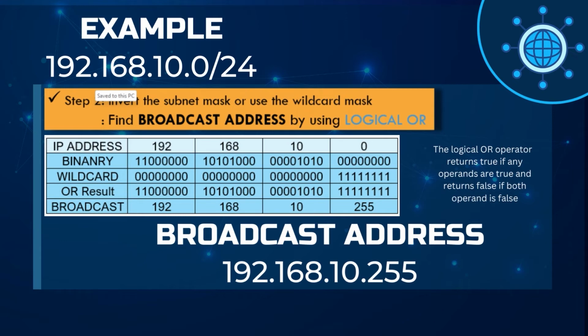The logical OR operator returns true if any operand is true and returns false if both operands are false. So when you execute this operand on the IP address with the wildcard mask, you get all ones in the last octet. So the answer for the broadcast address is 192.168.10.255.